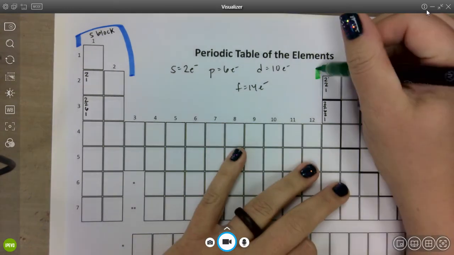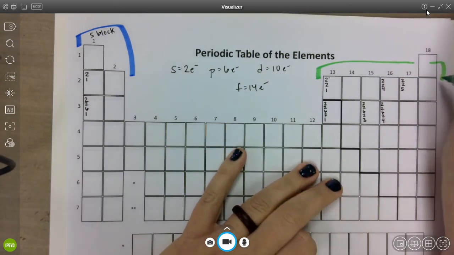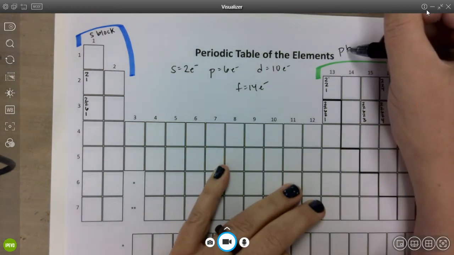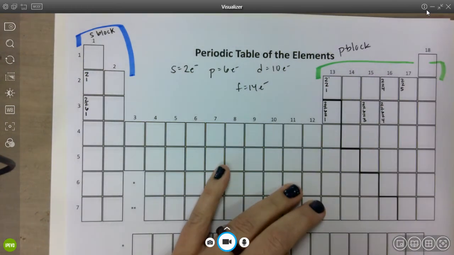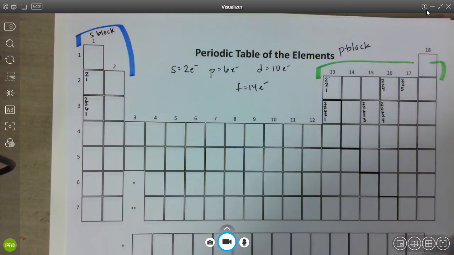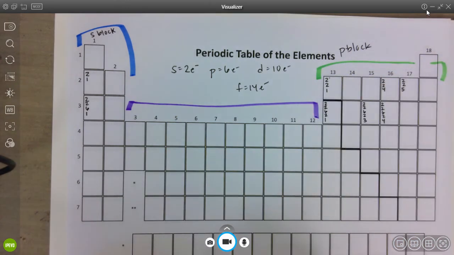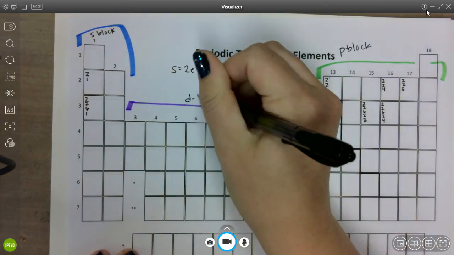This block over here is 6 boxes wide. It is called the P block. And the reason it's called the P block is because elements that are over here have electron configurations that end in P. This middle section, that's a little bit lower, is called the D block.